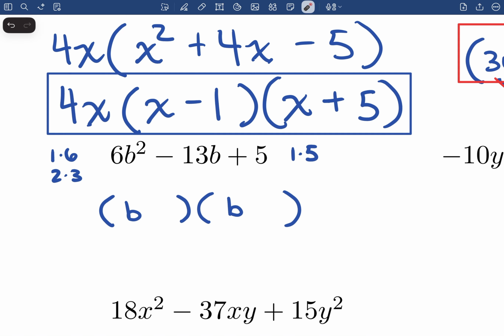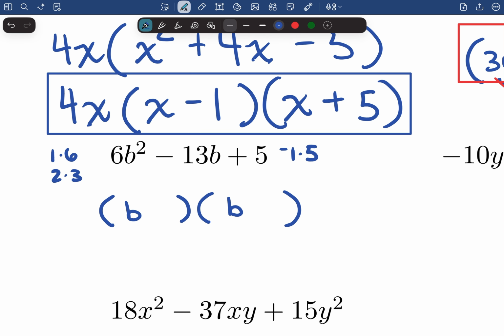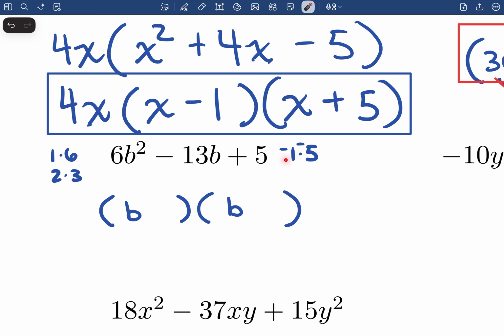So if we multiply one of these sets of factors with this set of factors, we need to make it negative 13. And since I see a minus plus situation, I know that both of these factors here are going to be negative. All right? So negative 1 times negative 5 will be positive 5.